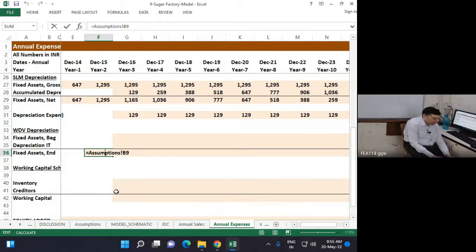Can you complete the schedule and tell me fixed asset end for the 11th year?